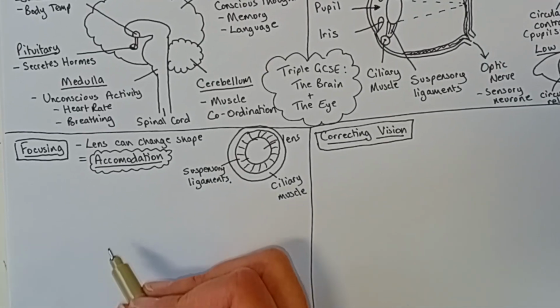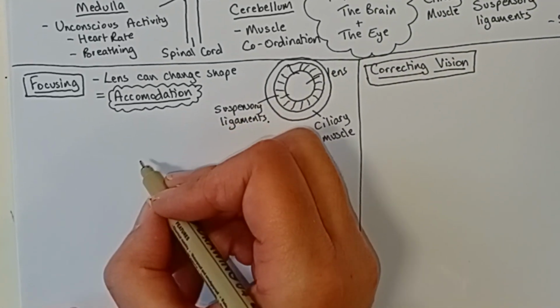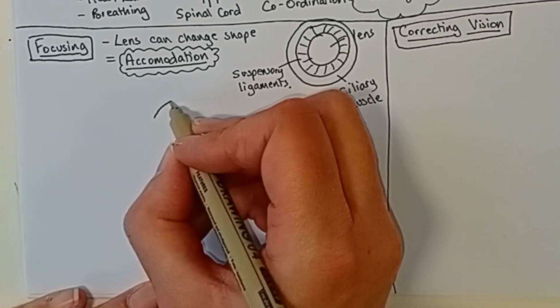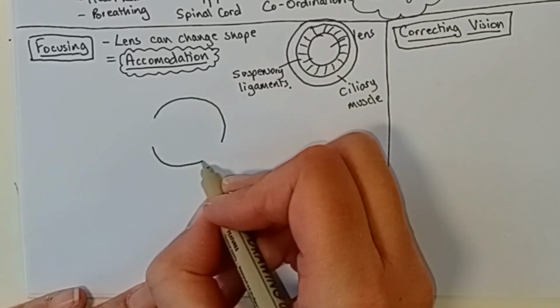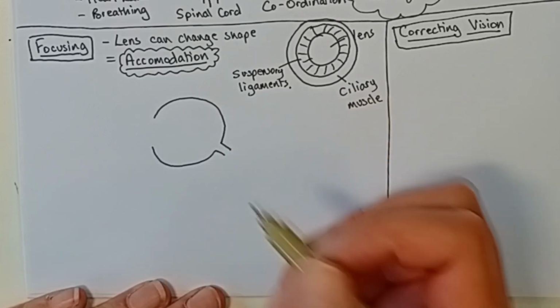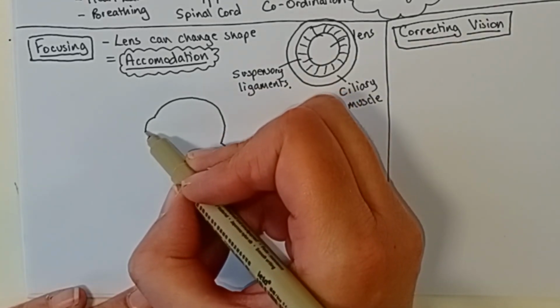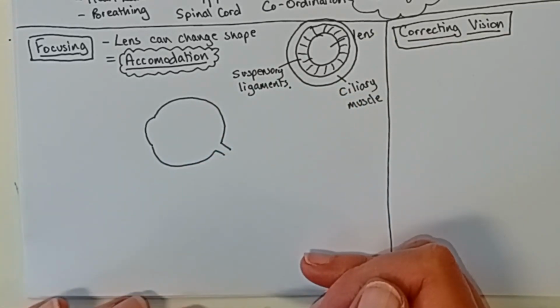So we're going to draw two eyeballs, a bit smaller this time. There's my first one.